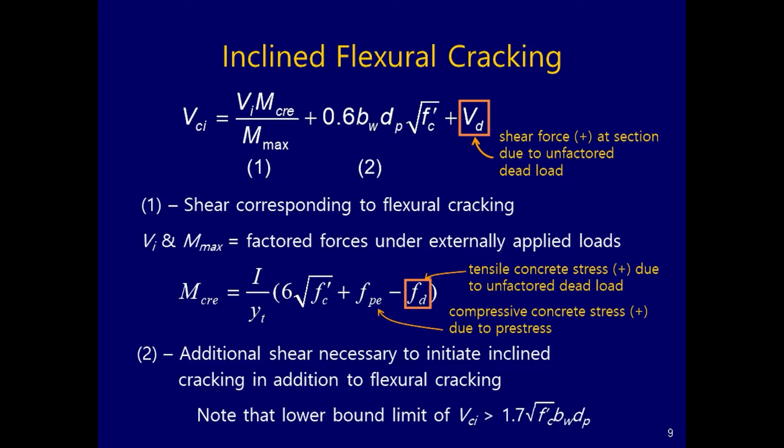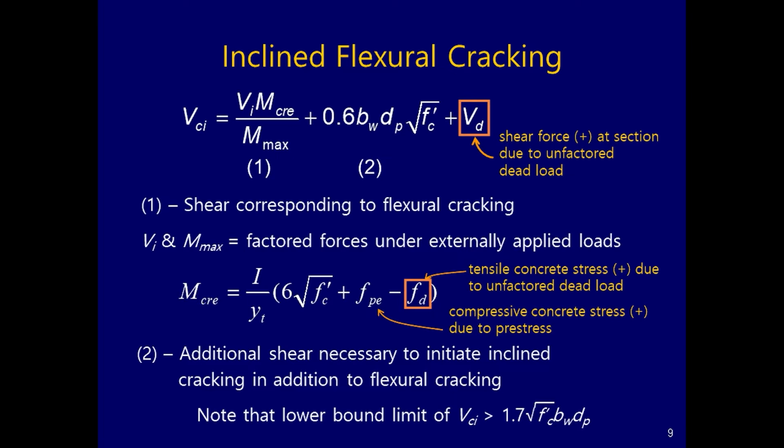And so V_i and M_max are defined as factored forces, like shear force or moment under externally applied load, like an actuator load. So it didn't include the self-weight, so later they added the self-weight contribution right there.